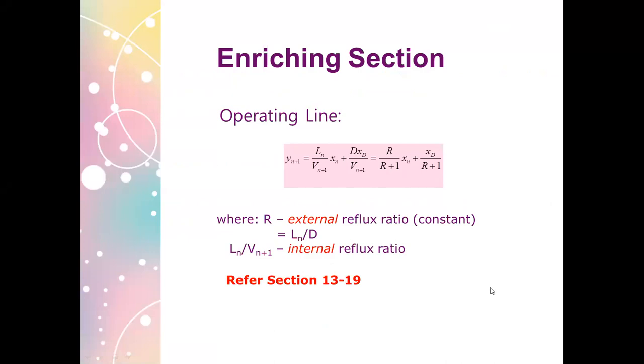Okay. Now, in the original formula, you could see that the R over R plus 1, which is actually the slope of the enriching section operating line in this case, replaces the L sub n over V sub n plus 1. But in terms of what you're asking, we have two kinds of reflux ratio. If it's just based on the formula, your reflux ratio is this one, the ratio of L sub n to V sub n plus 1.